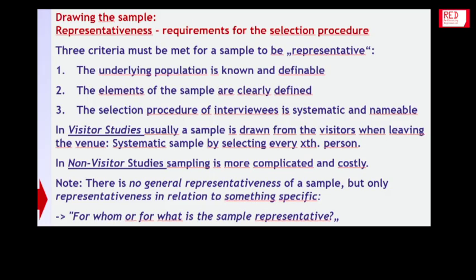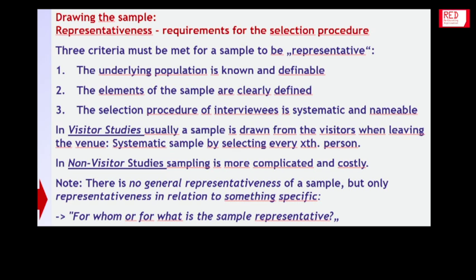There I can get a list, or I can go to them and tell them, well, I need a sample. Can you please give me a selection of households from the population of Cologne? And they will do this for me. And then they send me a list with addresses of households, and I can send questionnaires to these households, for instance. This is a systematic selection.